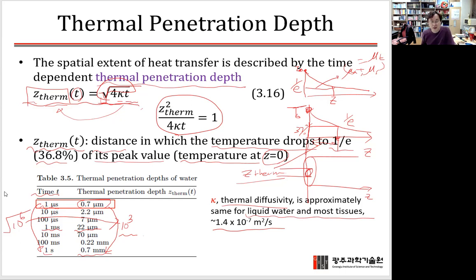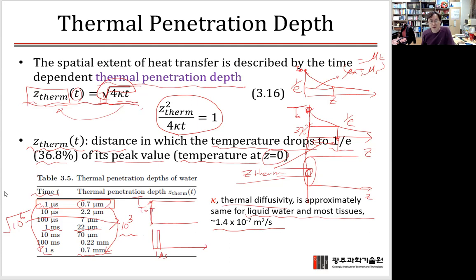So that means when you have a tissue and you give, let's say, a 1 microsecond pulse of the laser, and this is the temperature, and this is the initial or maximum temperature at the surface.